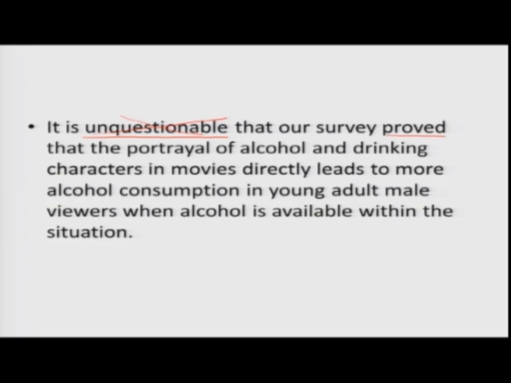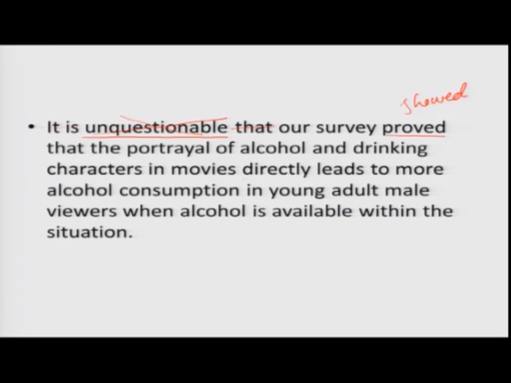So, all this part you can delete. You can say our survey. We have discussed, prove is a strong word, replace it. So, our survey showed that portrayal of alcohol and drinking characters in movies.